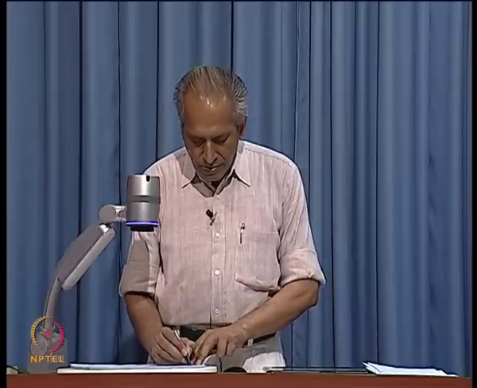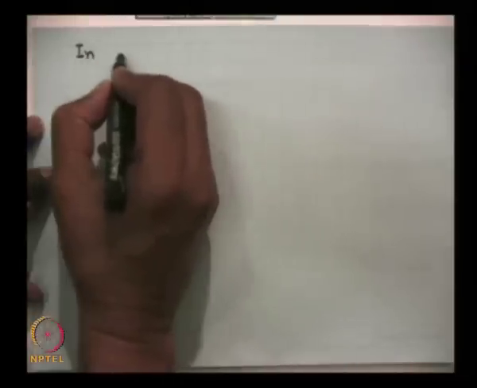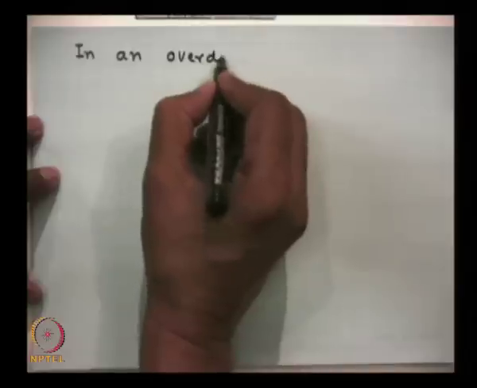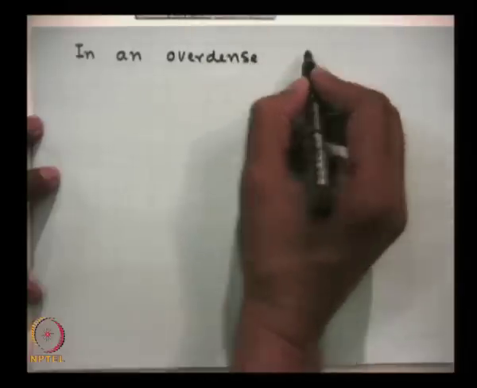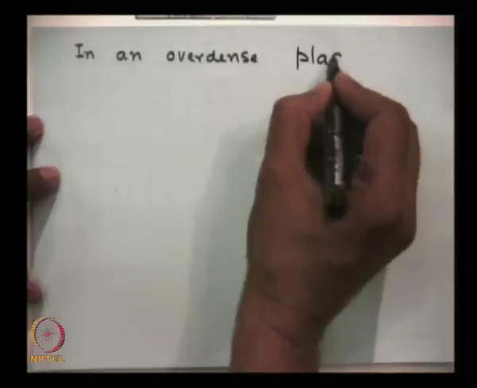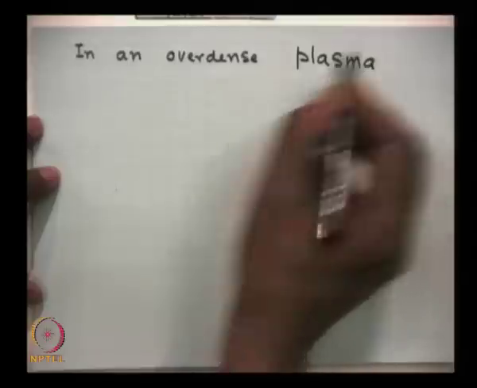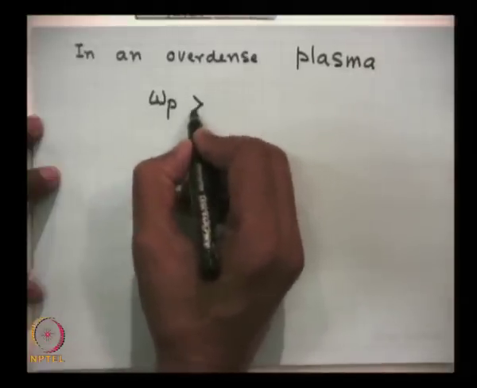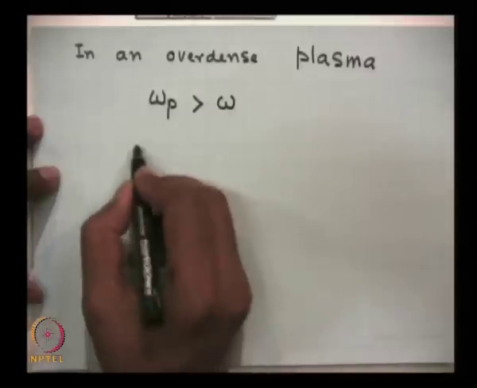So, in an overdense plasma, where I am choosing omega p bigger than omega, what is my k?